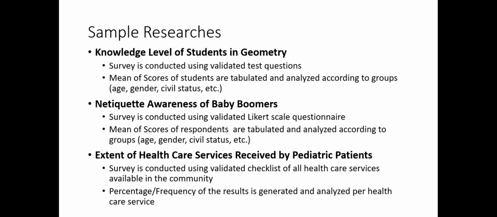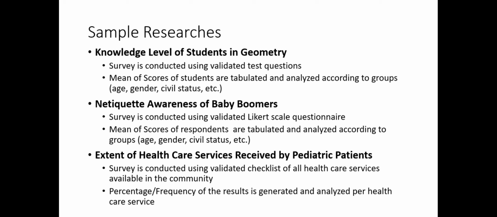The next one, we have netiquette awareness of baby boomers. Netiquette is ethics in the use of gadgets, internet, and social media. Baby boomers are those people who were born in the 40s, 50s, or 60s. Awareness is actually qualitative in nature.